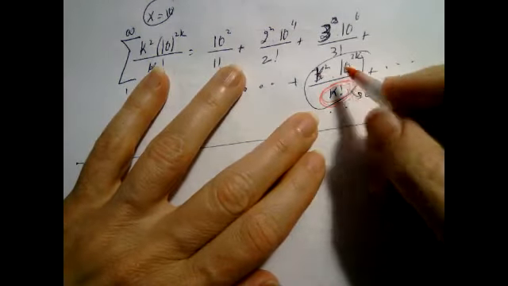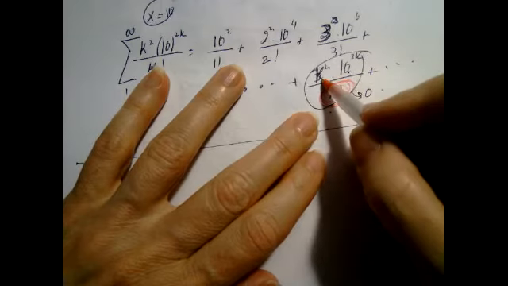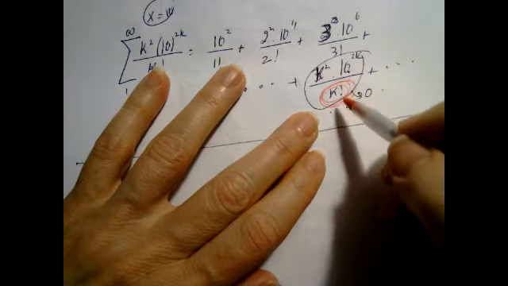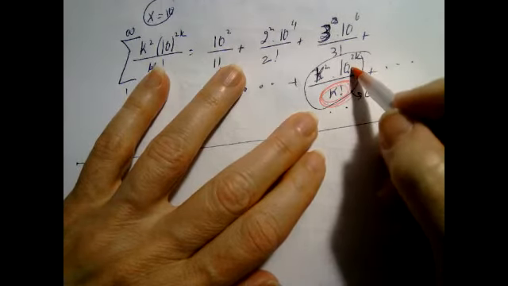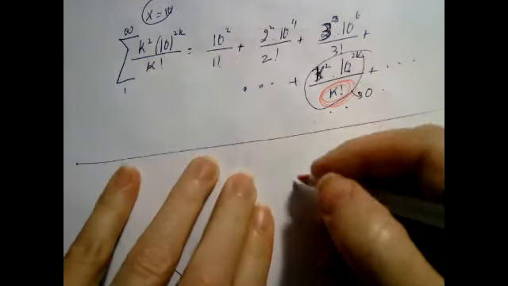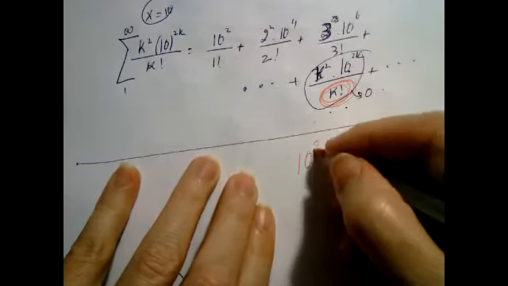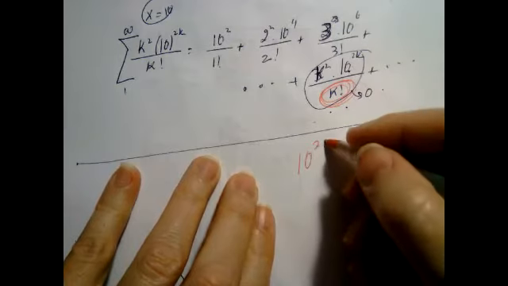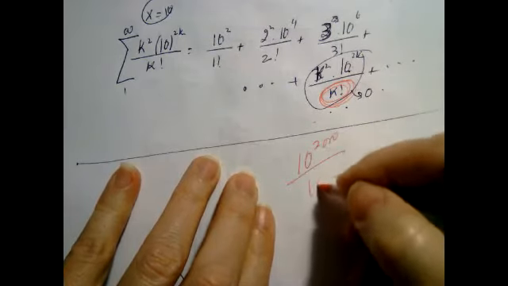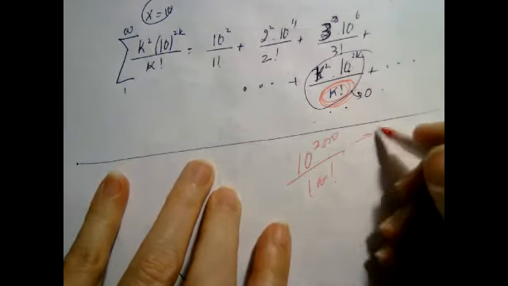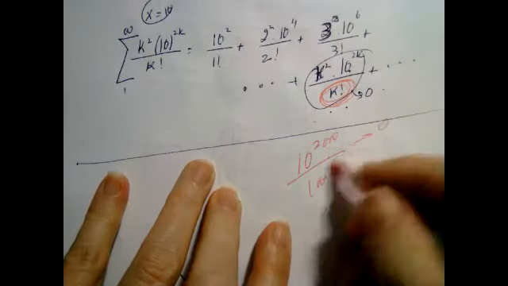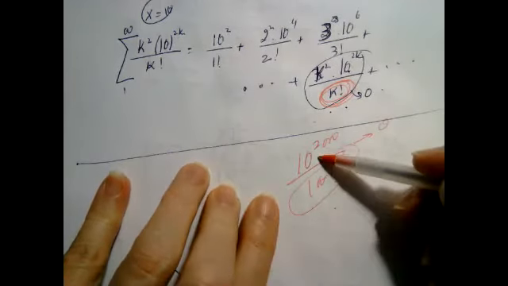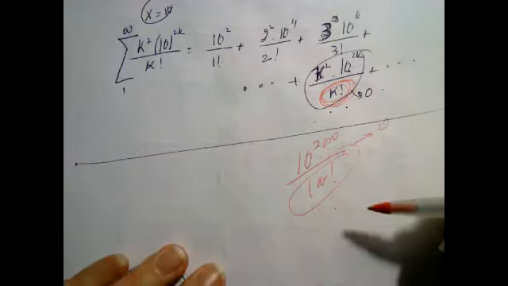So if you take 10 to a very high power, like 2000, divided by 1000 factorial, this is going to be small because 1000 factorial is going to be way higher than 10 to the power 2000. So k factorial really goes to infinity very, very fast.